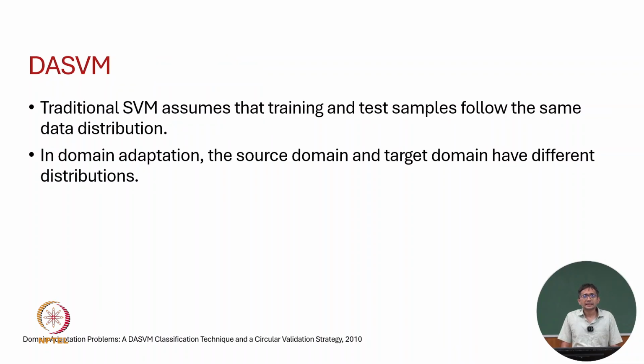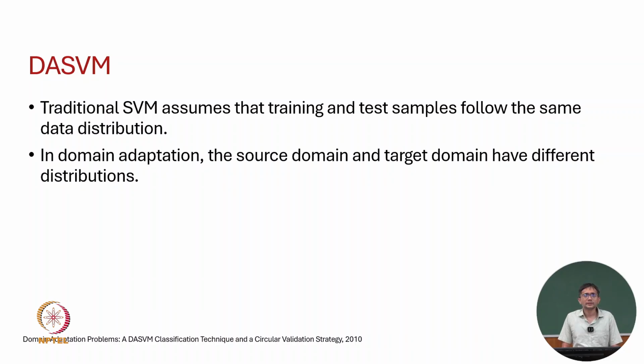So this particular example, DSVM, is an SVM-based domain adaptation approach designed for remote sensing data. In this, the assumption is that we are working with two domains, source domain and target domain, and they have different data distributions.